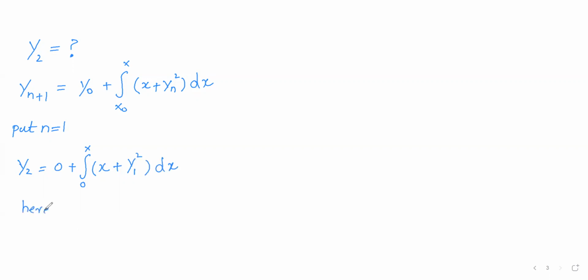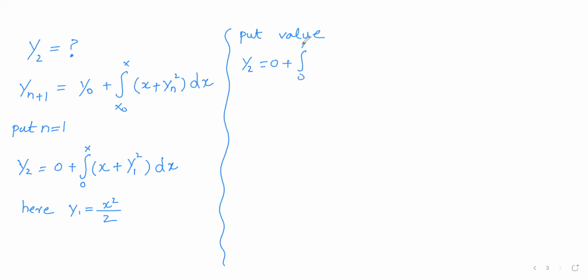Put in the value, then our equation will be y2 is equal to 0 plus the integral from 0 to x of x plus x squared by 2 dx. We can say it will be the integral of x plus the integral of x squared by 2 dx.